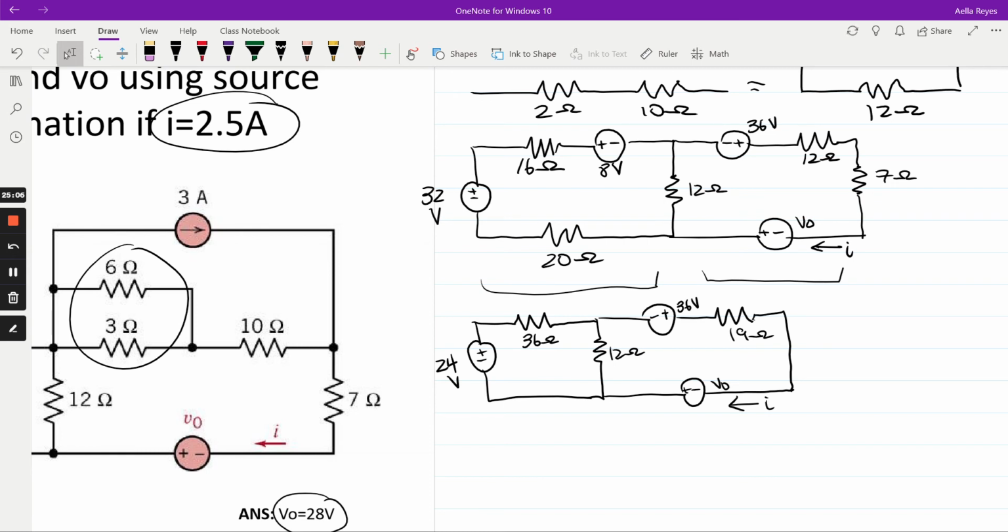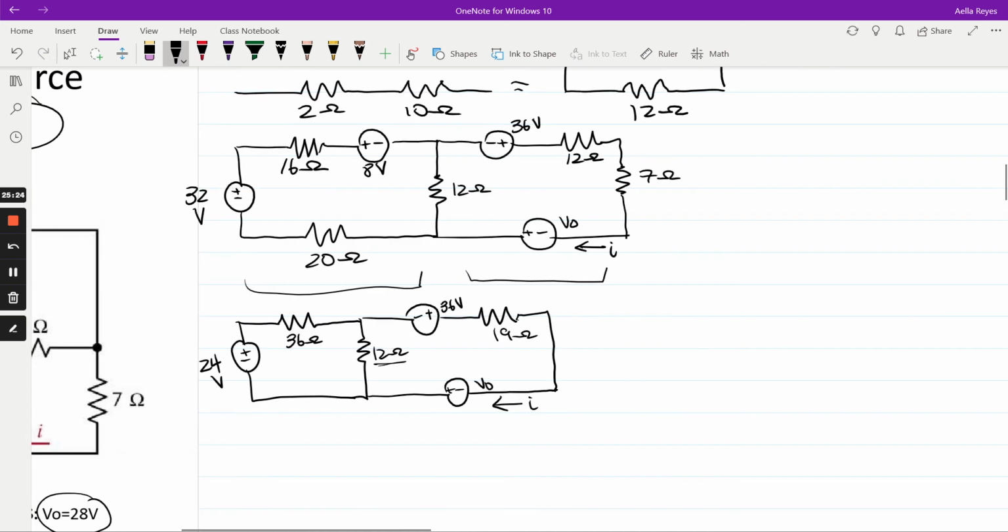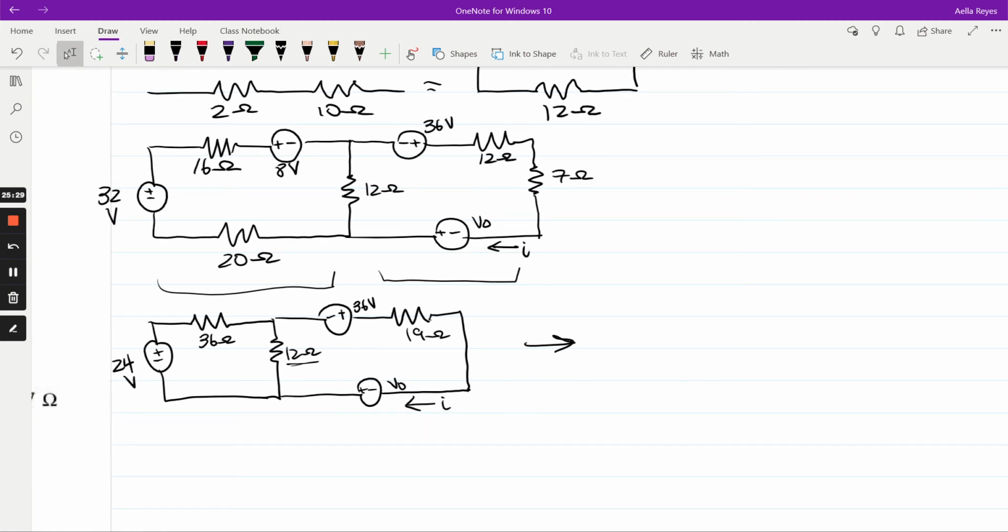So now we want to source transform either this left side or this right side into a current source in parallel with a resistor so that we can integrate this 12 ohms in to make it one huge mesh instead of two.